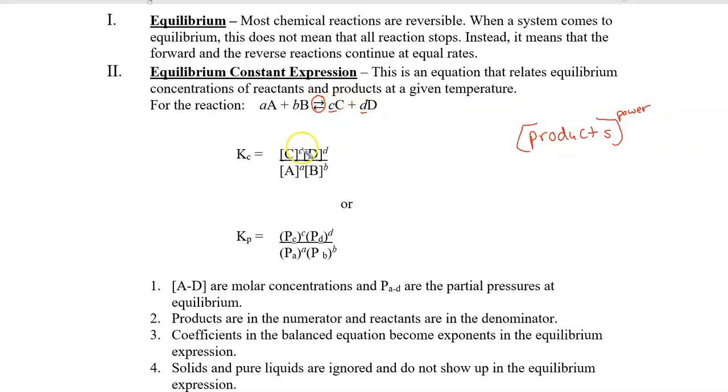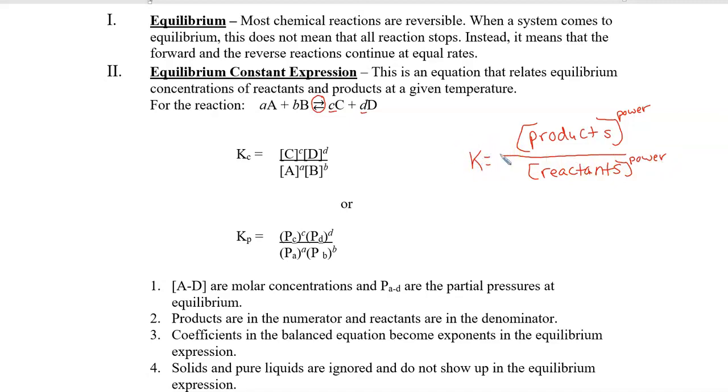So that's why we see little c and little d, over the reactants, so products over reactants. And that's going to be raised to the coefficient power as well. And that's going to get us a constant.